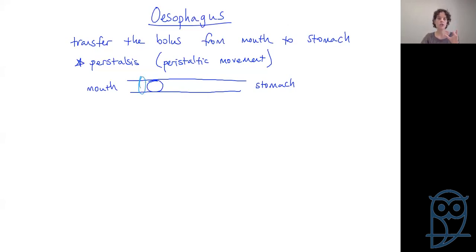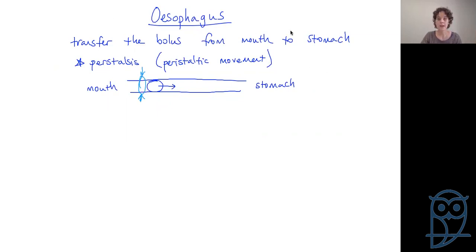So if those circular muscles contract, it's going to squeeze. So the muscle contracts and the bolus is squeezed. And then the next ring of muscle contracts and the next ring and the next ring and the next ring. And that wave of contraction then pushes the bolus along. So it's quite important that you understand this peristaltic movement because it's how everything moves throughout your digestive system.